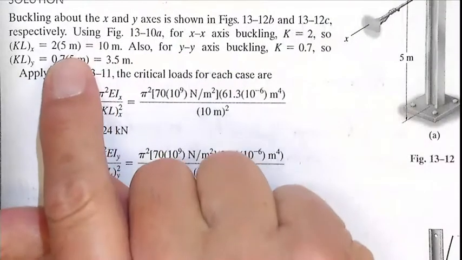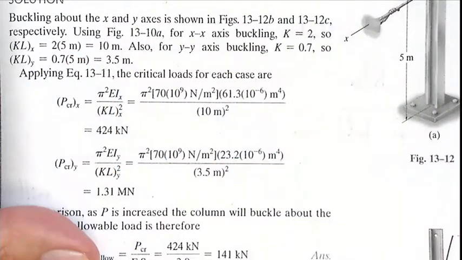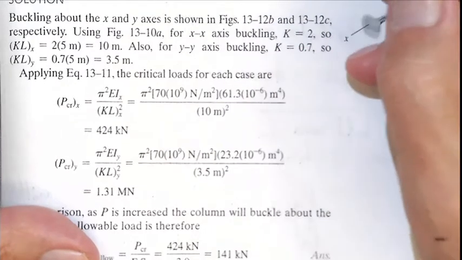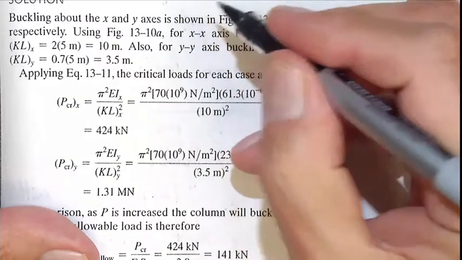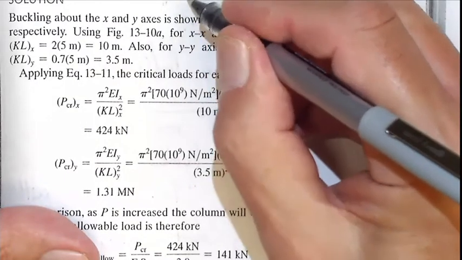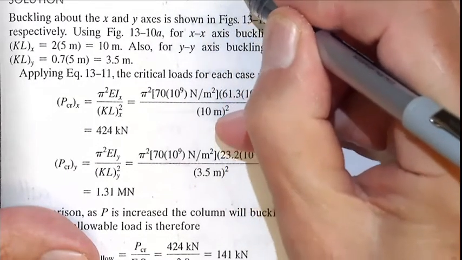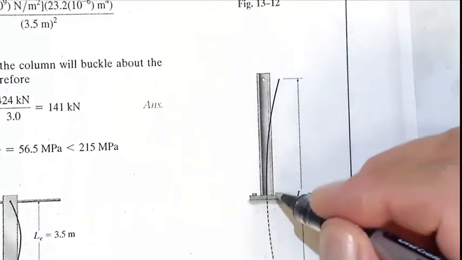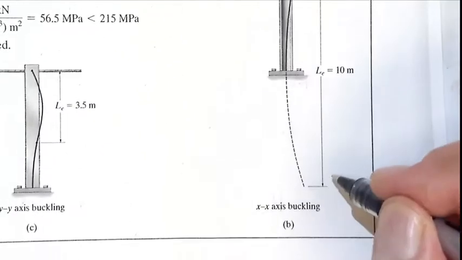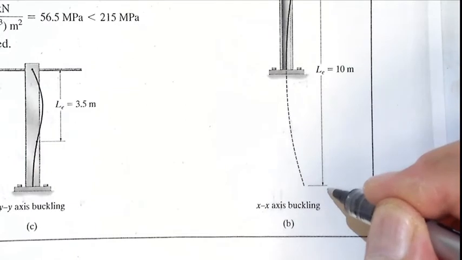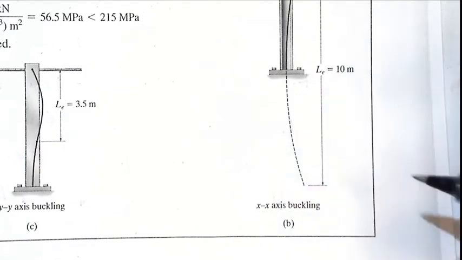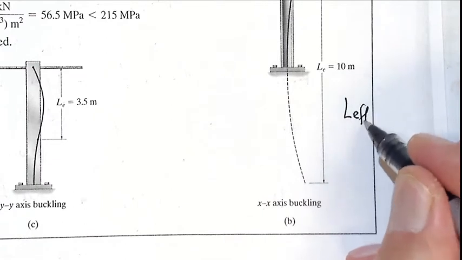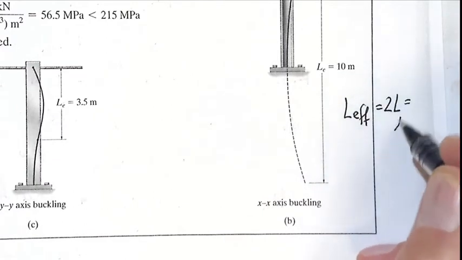Length equals 5 meters. So that means that effective length, because it's clamped free, equals 10 meters. L effective equals 2 times L equals 10 meters.